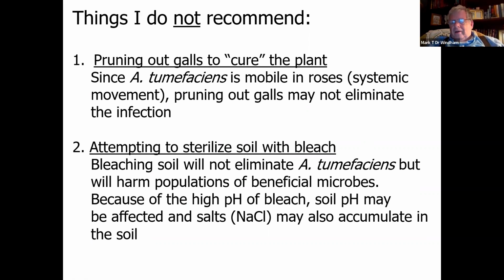Or they'll say, prune it out and put some hydrogen peroxide on it, and it will be fine. Well, if the thing's going systemic in the plant, how is it going to be fine? Because we know that agrobacterium will go systemic in roses. So there's no way to cure the plant.